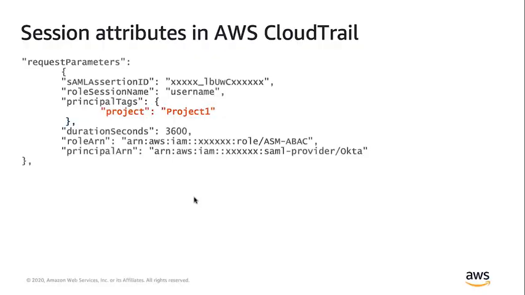So let's say Alice wants to try to escalate her privileges. As a developer, many times we use the CLI and start from one role and assume another. So what if I try to tag the session to another project during the assume role operation? Is there anything preventing me from changing my original project tag?